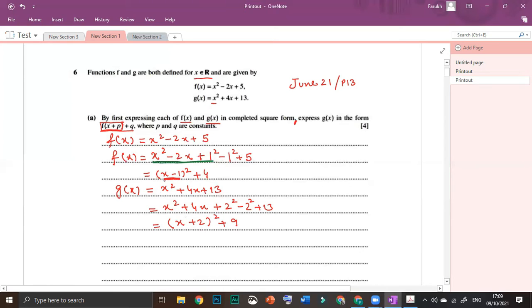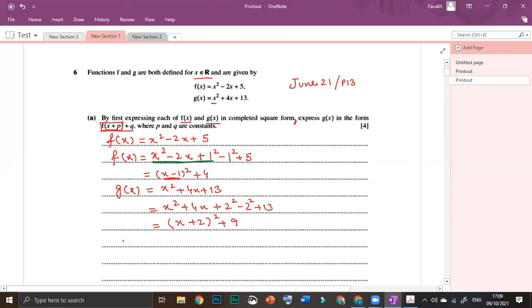What have we replaced in place of x? x plus 3. Then we will get x plus 2. If we replace this x with x plus 3, then we will get x plus 2 in the whole square. And if we add 5 to 4, then we get 9.